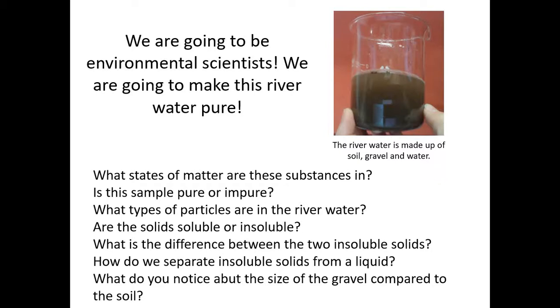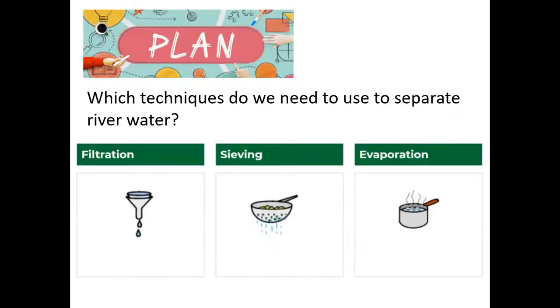What's the difference between the 2 insoluble solids? So the soil particles are much smaller than the gravel particles. The gravel particles are quite big. How will we separate insoluble solids from a liquid? We're going to use filtration and sieving. What do you notice about the size of the gravel compared to the soil? Well, the gravel is a larger particle than the soil. Well done if you got all of those.